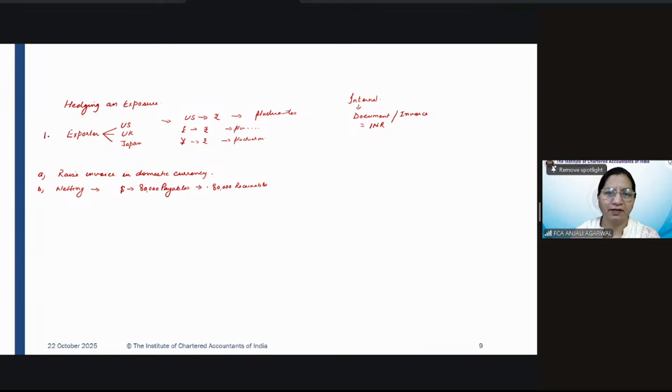So after netting, my exposure is reduced to the difference, which we have just seen in the previous question also, that you were exposed to four different currencies, you had inflow and outflow. So after netting, you have hedged your exposure to some extent, and maybe then you need to cover up only for the balance. Another thing is netting can be done where you have intercompany transactions.